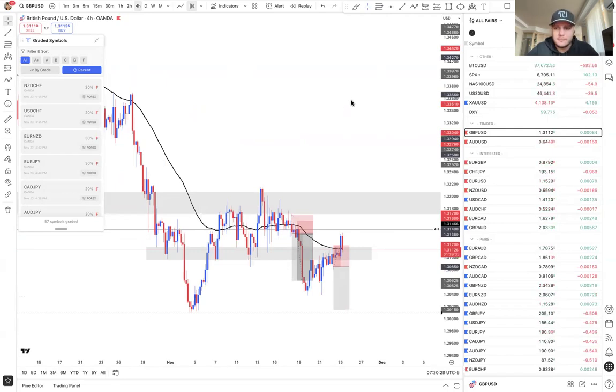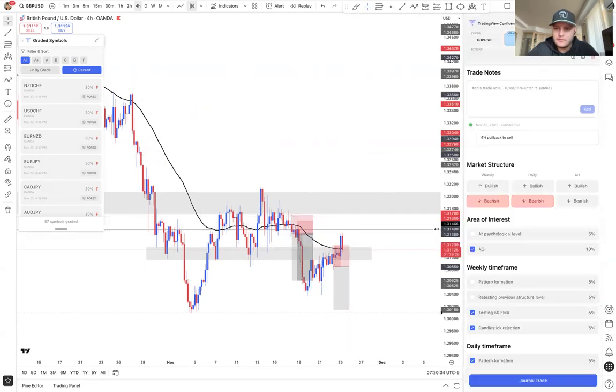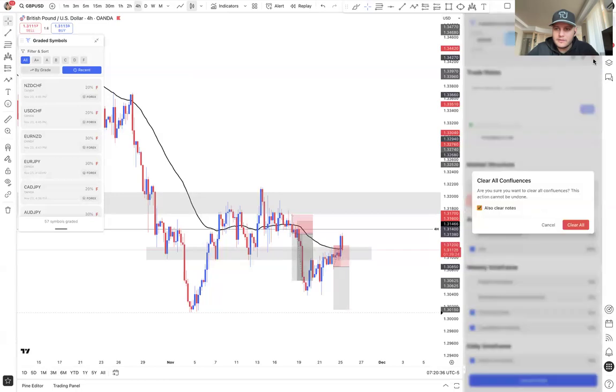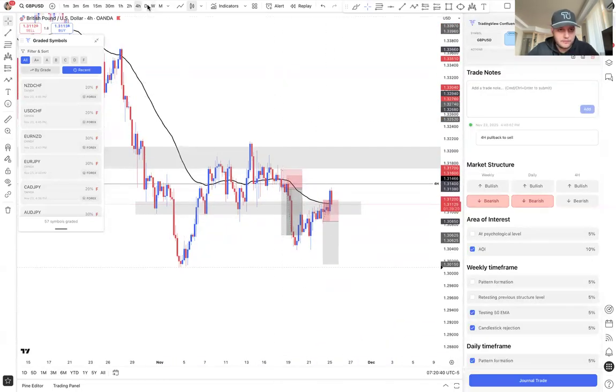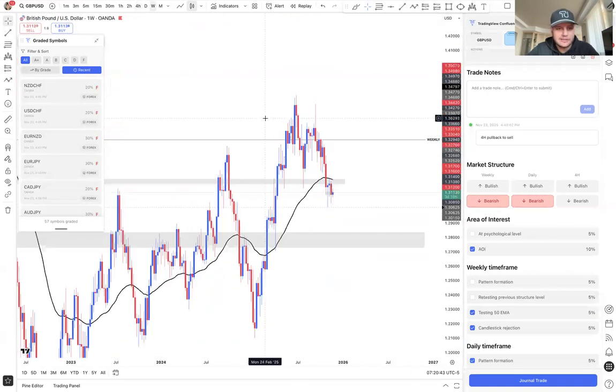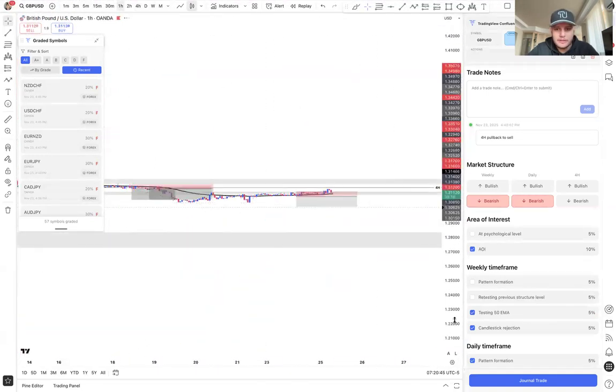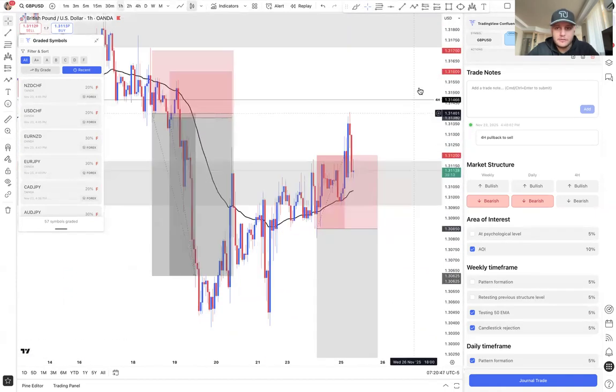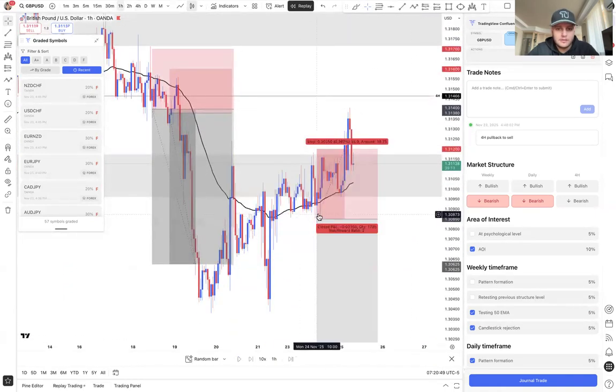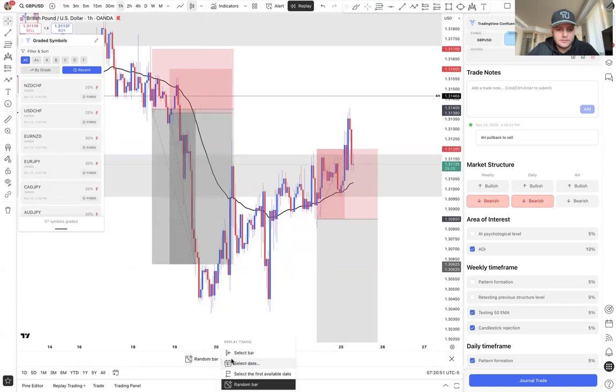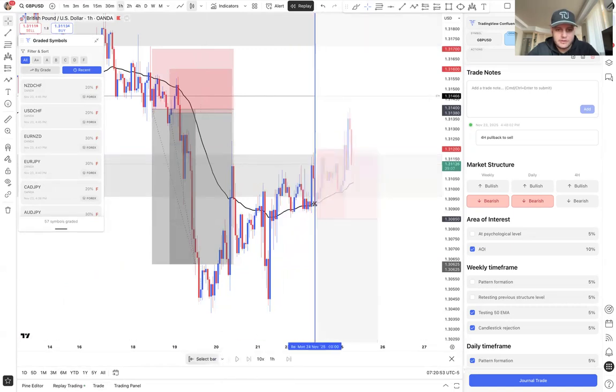GBP USD. Okay. I don't necessarily think I had the confluences marked down on this one, but let's go over the confluences that we had for this entry initially, and then we can journal the trade as well.